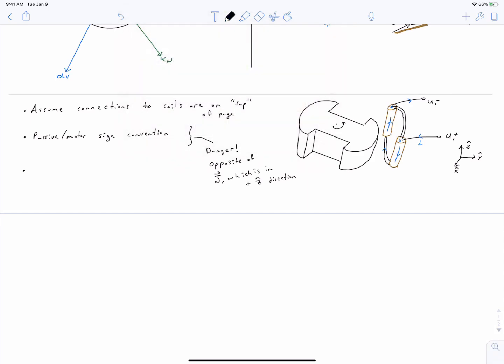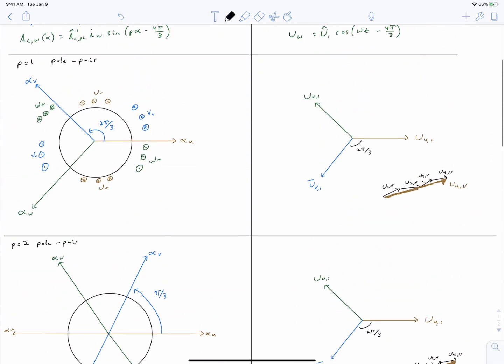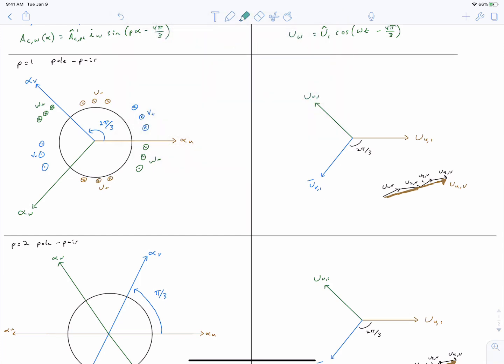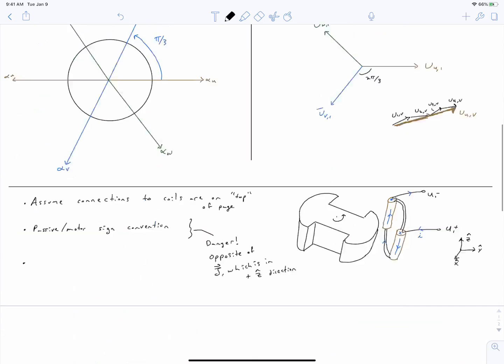So given that, what we notice is that if we start at the first portion of our coil side for phase U right here, and then we walk around our motor in this direction, we have a sequence of phase bands, a sequence of zones. This first zone right here is our U plus zone. Then we get to W minus, then V plus, U minus, W plus, V minus.